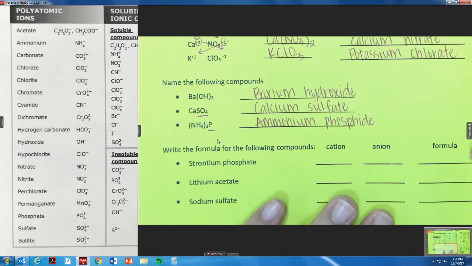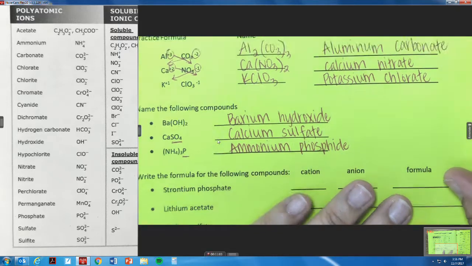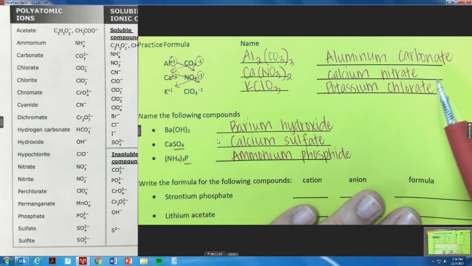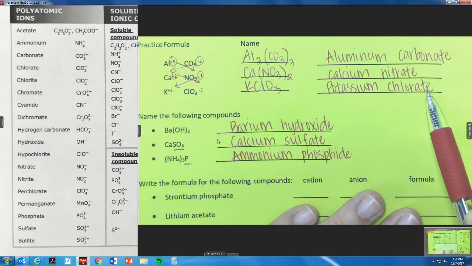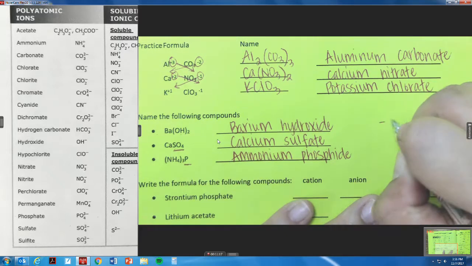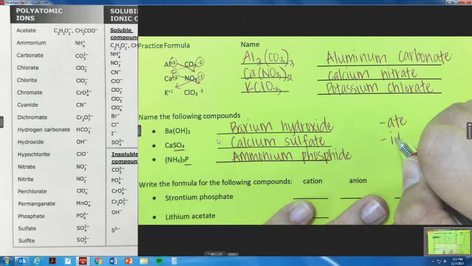Okay, so there's a few things that I do have to point out to y'all. If y'all take a look at some of the names of these compounds, you have carbonate, you have nitrate, chlorate. Okay, some of these, they end in ATE or they end in ITE.